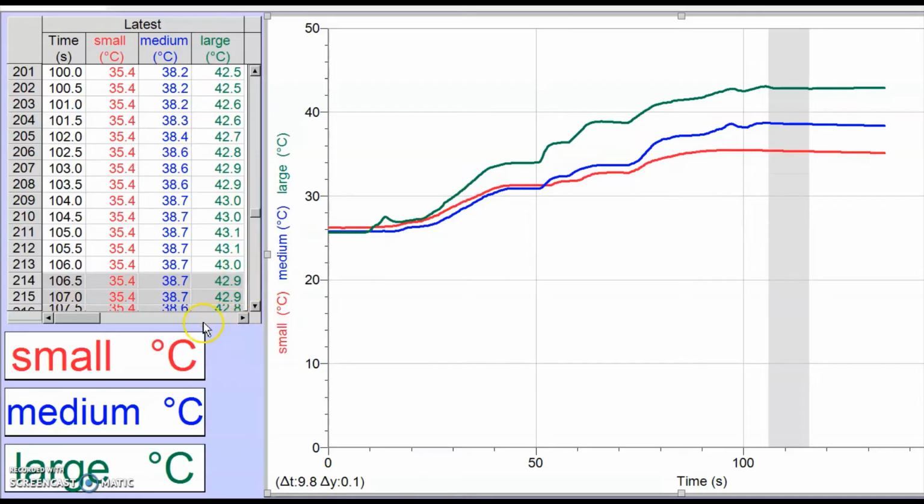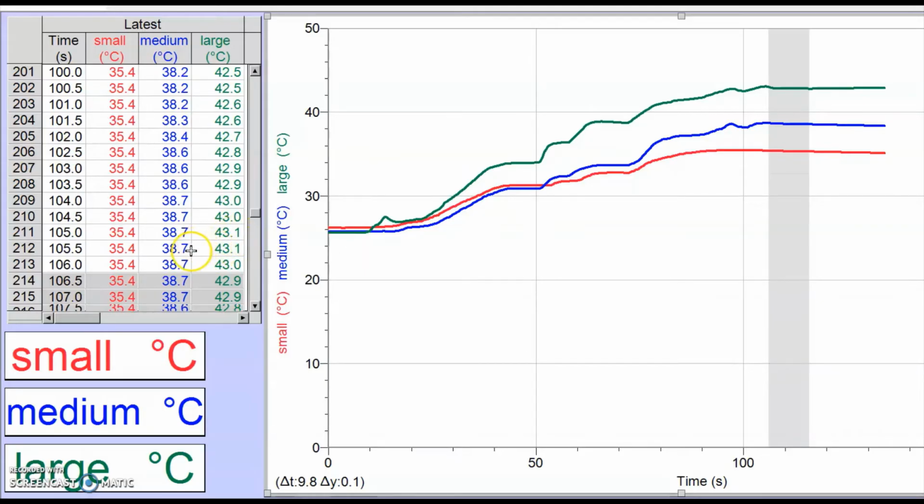And we can see our final temperatures here. Let's use this spot here, get the highest temperature we see. And so I see 35.4 as our final temperature for the small strip, 38.7 as the final temperature for the medium strip, and 43.1 as the final temperature for the large strip.